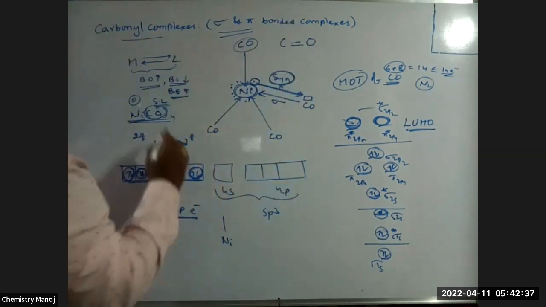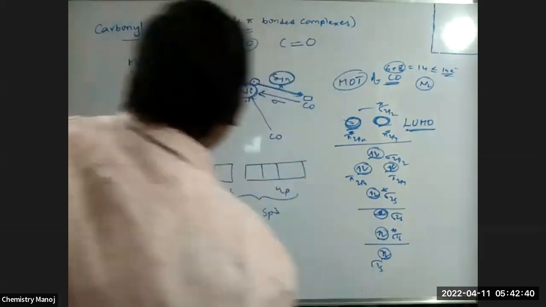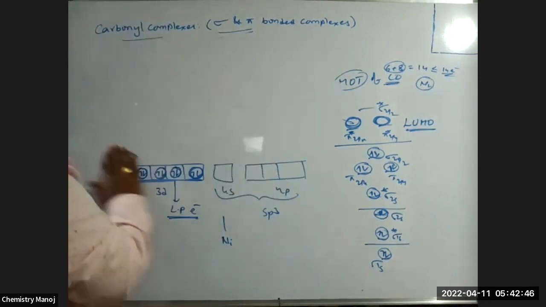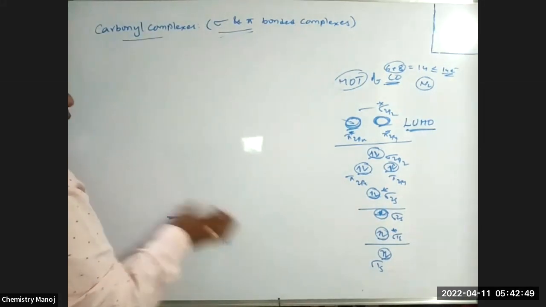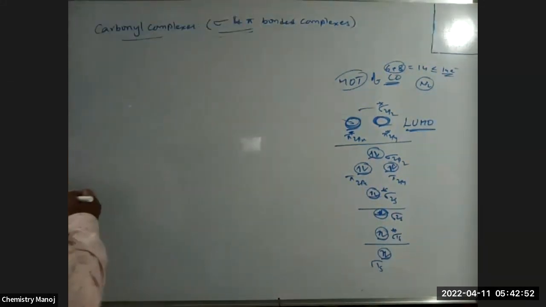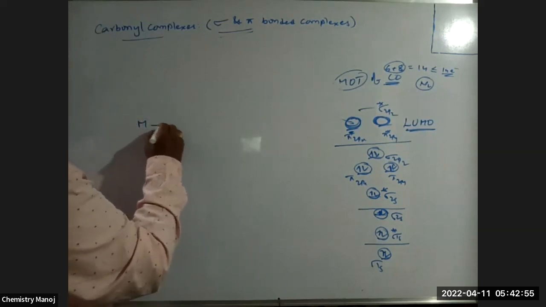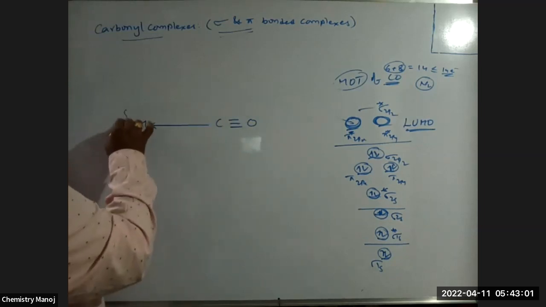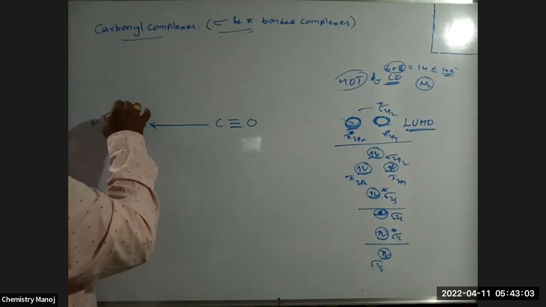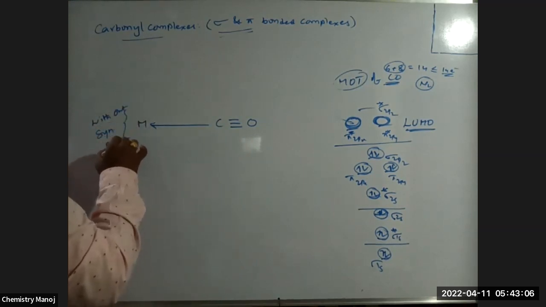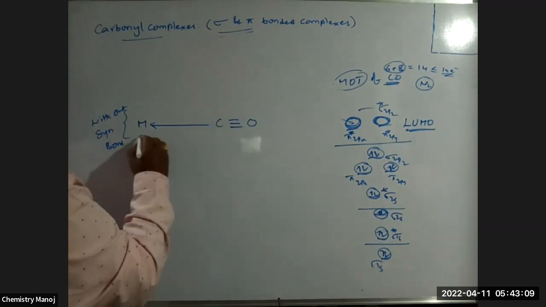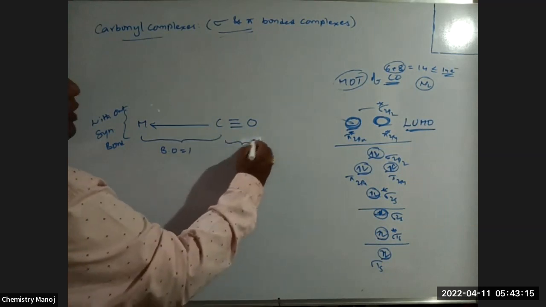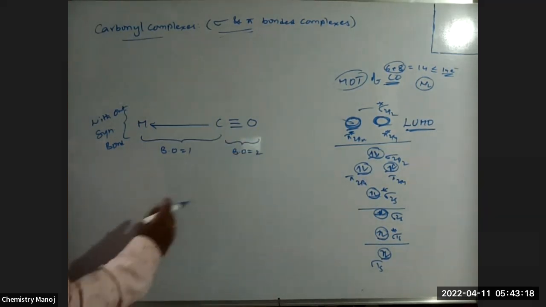See here, metal and carbon monoxide without synergic bonds: between metal and carbon, bond order is equal to 1. Between carbon and oxygen, bond order is equal to 3.